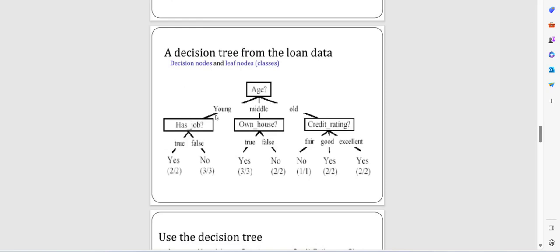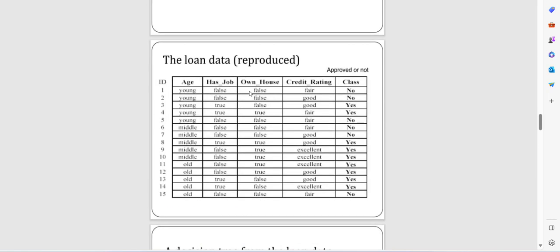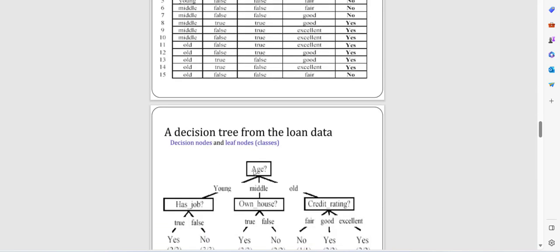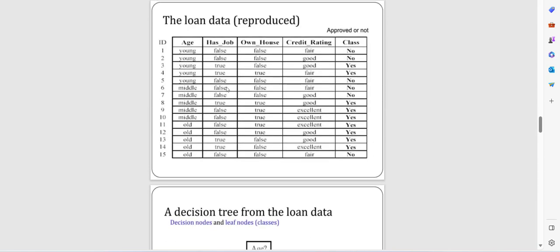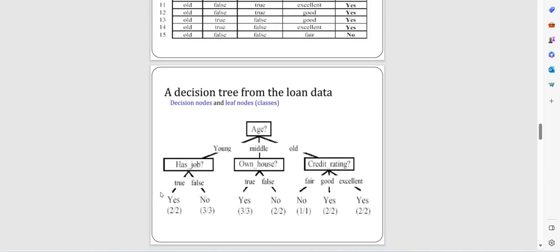So the decision tree from the loan data is going to check on age. Let's take an example for this column. In age we have three classes: young, middle, and old. It has split the young, who has a job, into true and false.